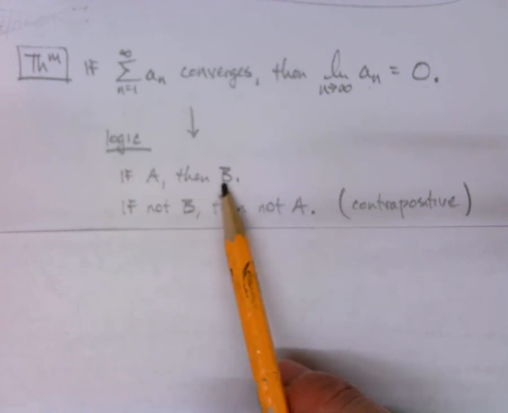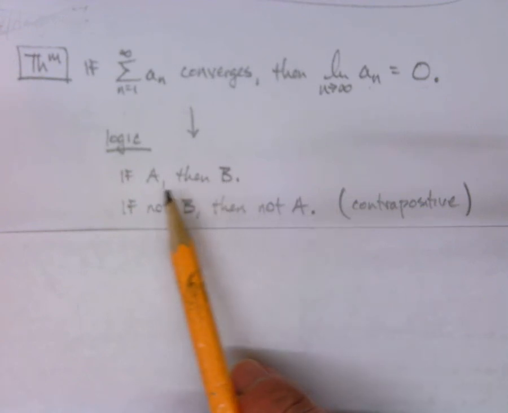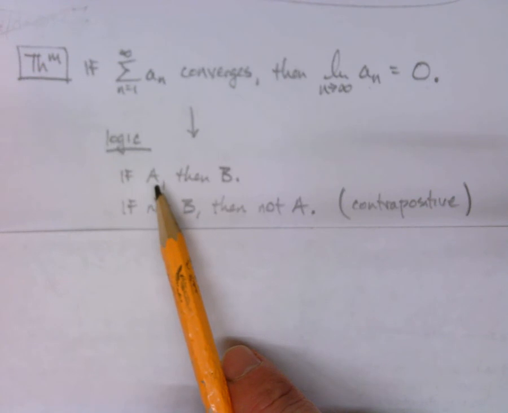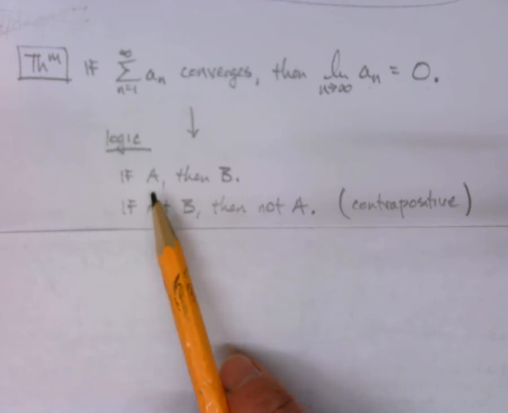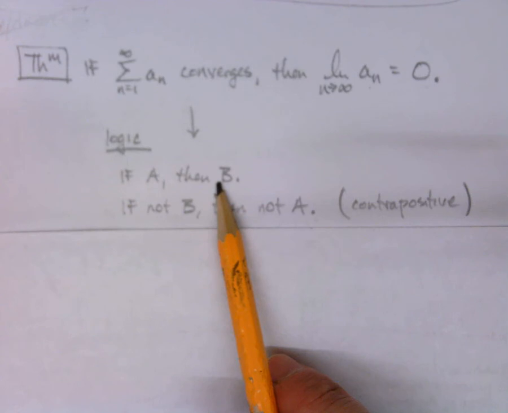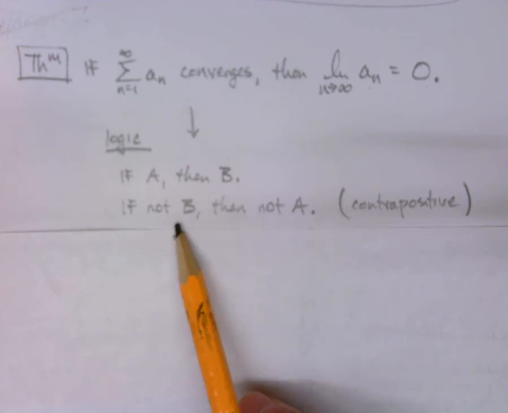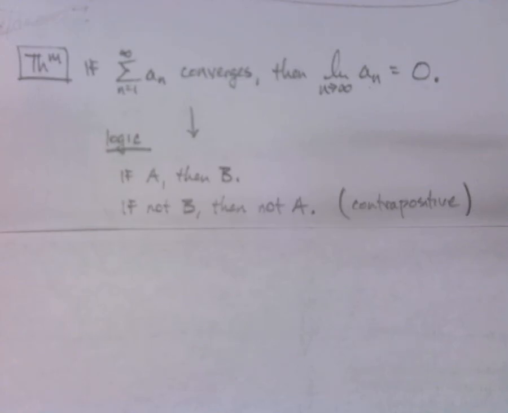If B never happened, then we can say for sure that A never happened as well, right? If A happens, then B follows. So if B never happened, then A must never have happened either. Okay, for any if-then statement, if A then B, the contrapositive always fits.